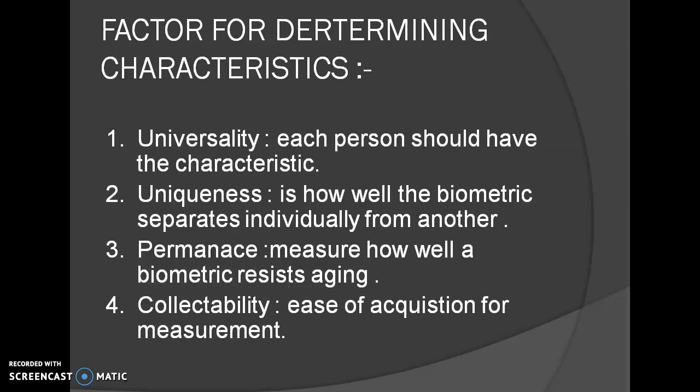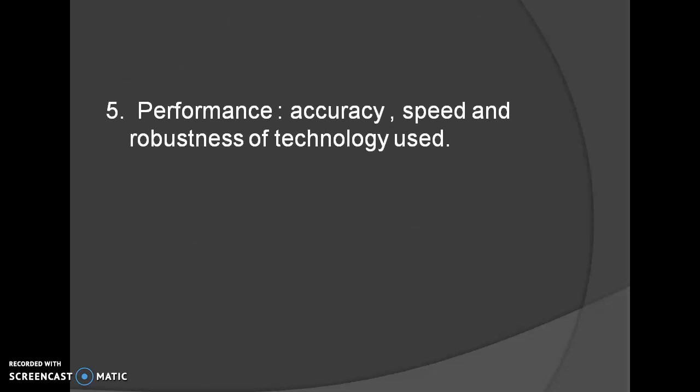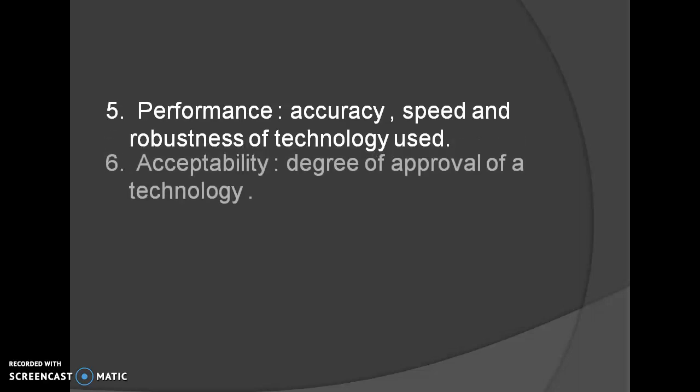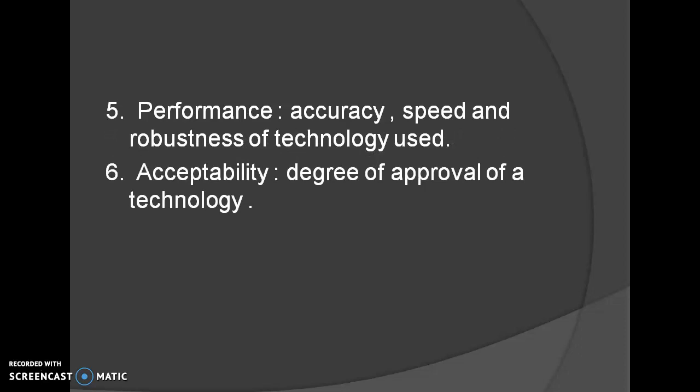Fourth one is collectability, the ease of accumulation for measurement. Fifth one is performance. Here we see the accuracy, speed, and robustness of the technology used. Sixth one is acceptability. In acceptability, we see the degree of approval of the technology.